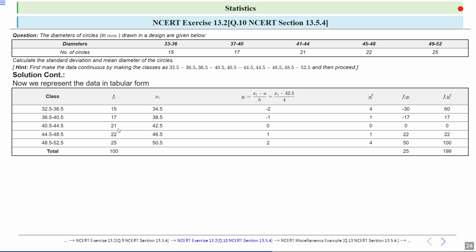In the first column we have class, in the second column frequencies fi, in the third column xi, in the fourth column yi, that is xi minus a divided by h, in the fifth column yi square, in the sixth column fi times yi, and in the seventh column fi times yi square. At the bottom, summation fi is 100, summation fi times yi is 25, and summation fi times yi square is 199.